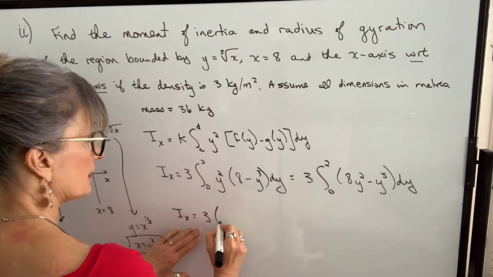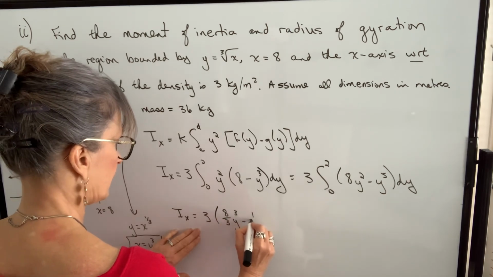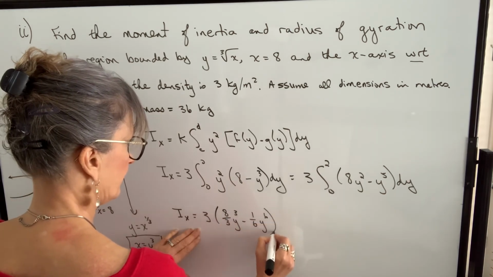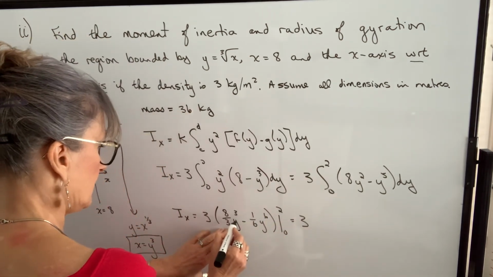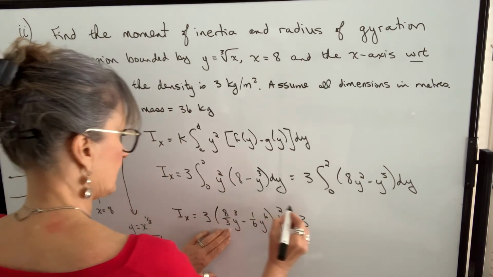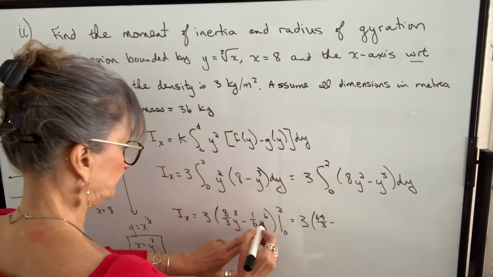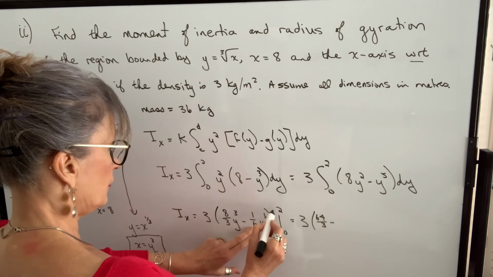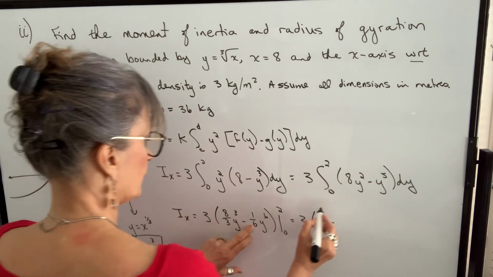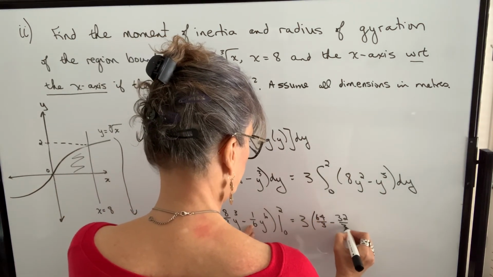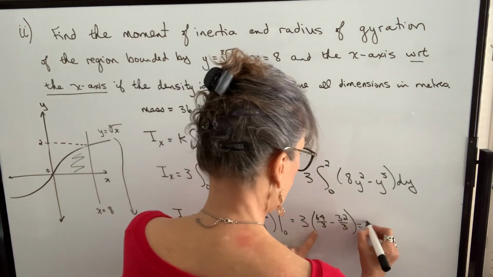And we integrate, so that's going to be 8/3 y cubed minus 1/6 y to the 6th. So 2 cubed is 8, 8 times 8 is 64 thirds, minus, one of the 2's will cancel with that, so we'll get 1/3 times 2 to the 5th, which is 32 over 3. 32 over 3 times 3 will just be 32.